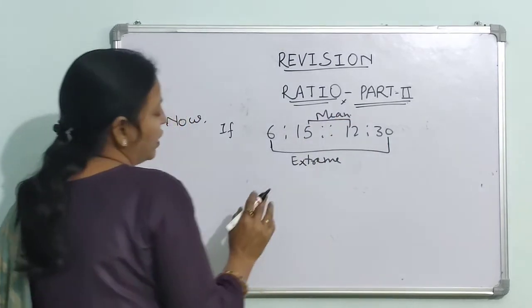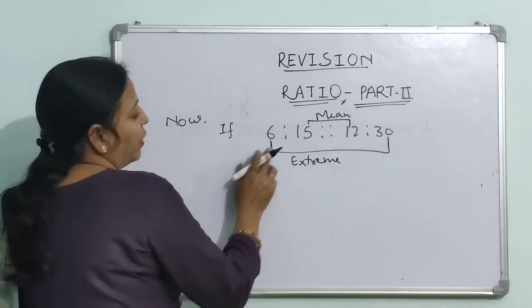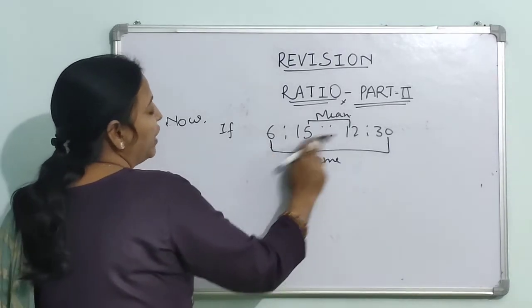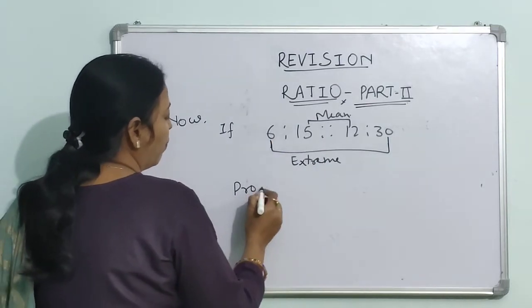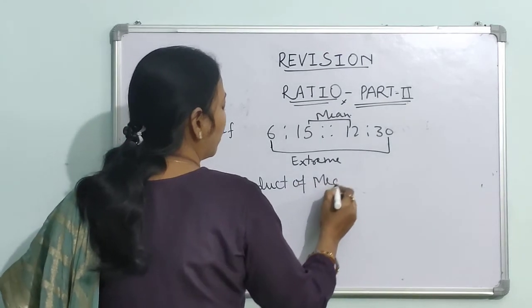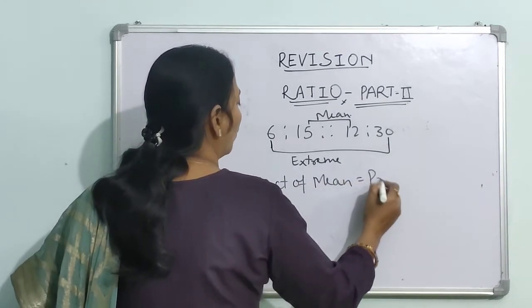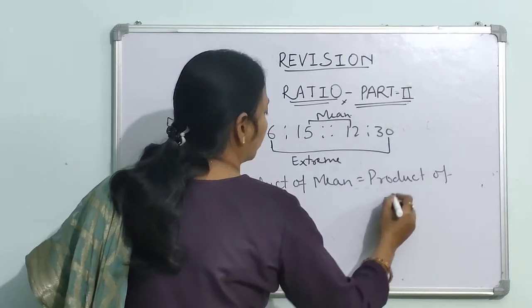One more way to verify proportion is that the product of means is equal to the product of extremes.